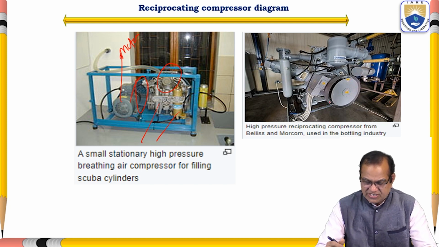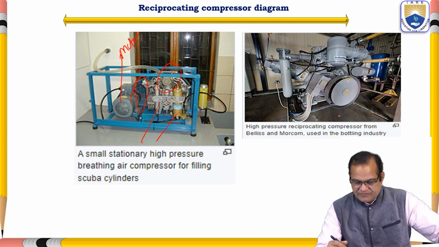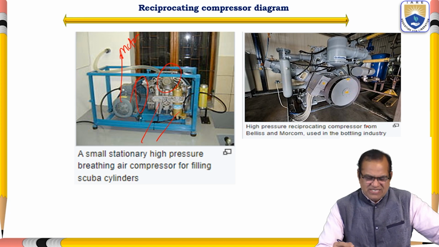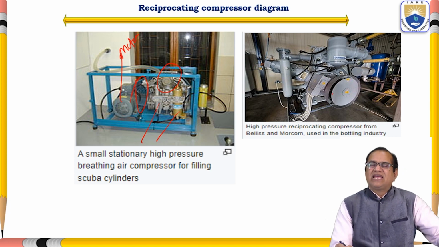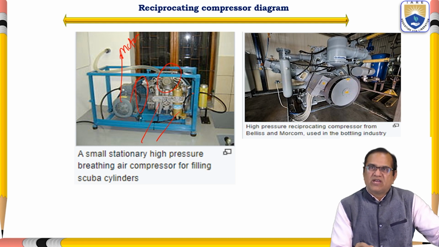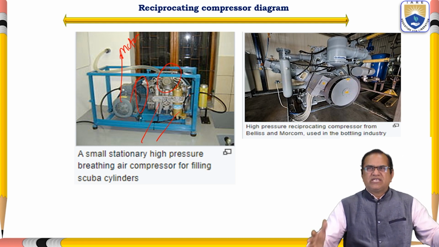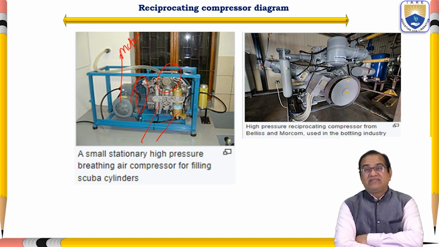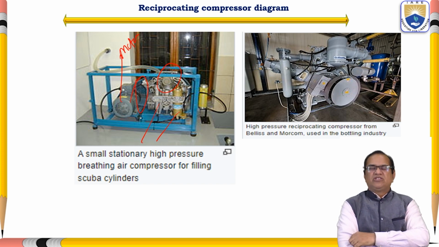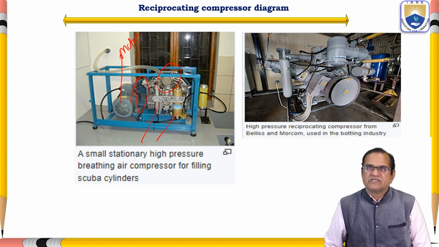A high pressure reciprocating compressor is here, and this is the compressor from Bellis and Marcom used in the bottling industries. So this is just a diagram to show how reciprocating compressors will look. You might have seen a small compressor that painters use. Those are very small horsepower compressors. They are used for different purposes.